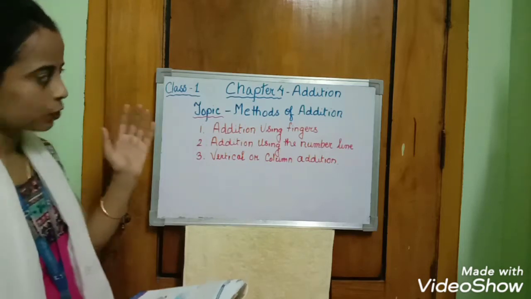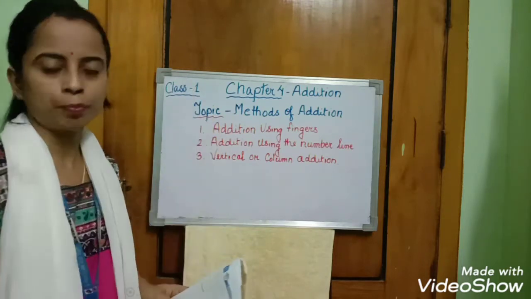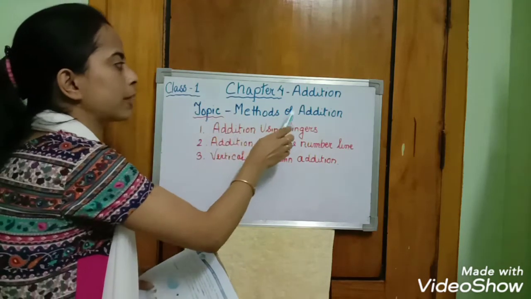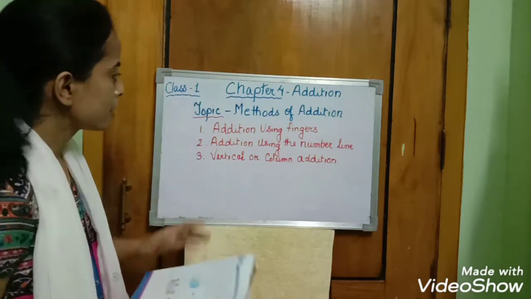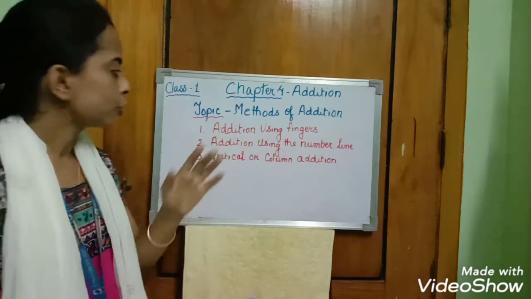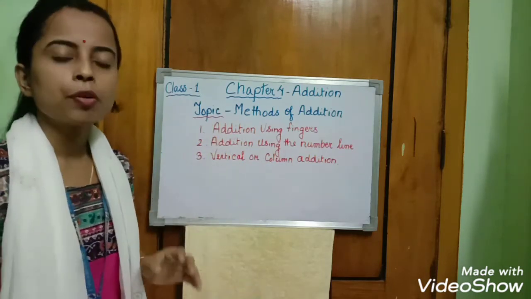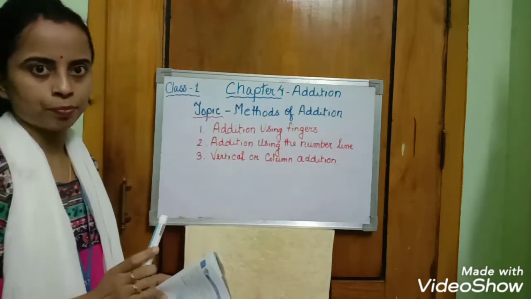In today's class, I'll be starting another topic called methods of addition. That means we can do addition in different methods. There are three methods. What are they? Addition using fingers.